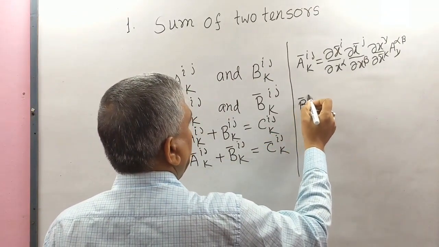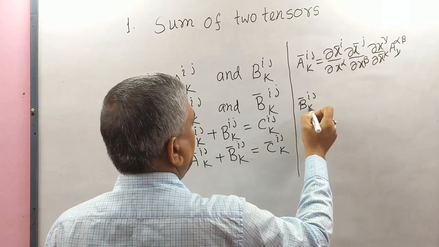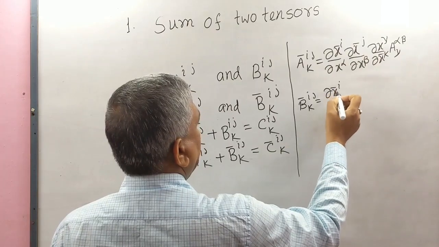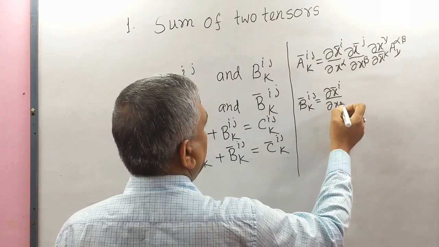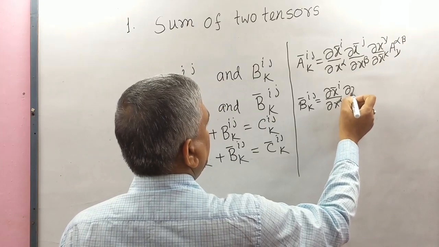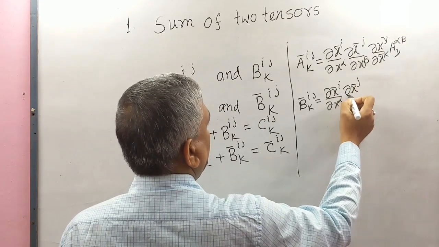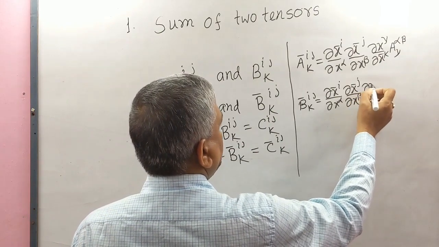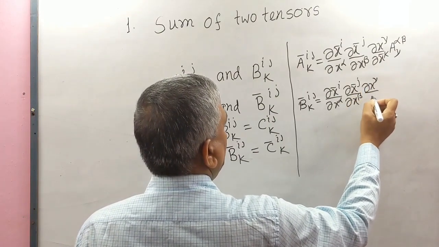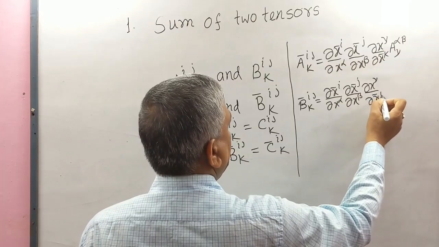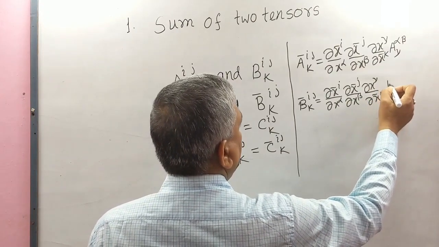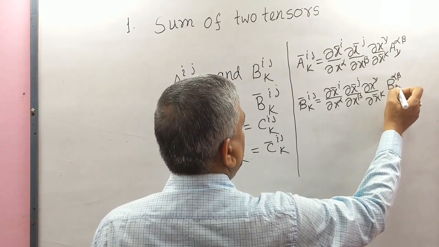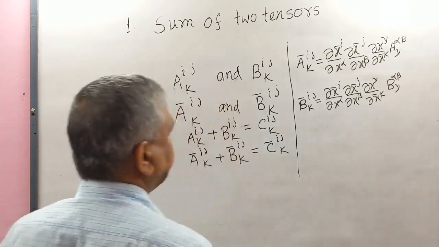Similarly, B bar ijk equals del x bar i by del x alpha, del x bar j by del x beta, del x gamma by del x bar k, B alpha beta gamma.